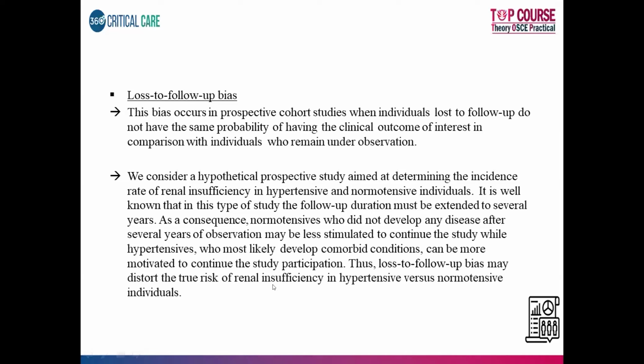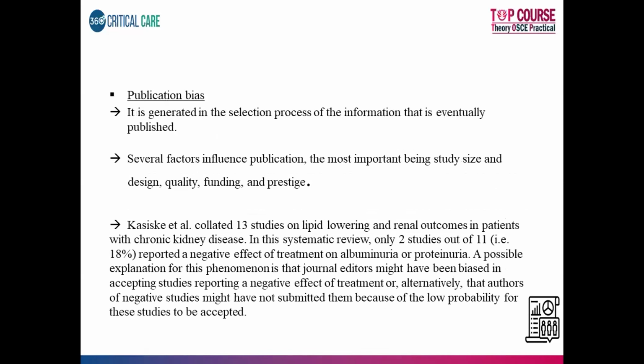So what they do, they just leave the study group and just go. So this is known as lost to follow-up bias. Okay, because it might take some time for these non-hypertensive patients to get renal insufficiency. When they just go out of the study, then all of your results will be manipulated, or it's just lost, and you will get a bias in that.